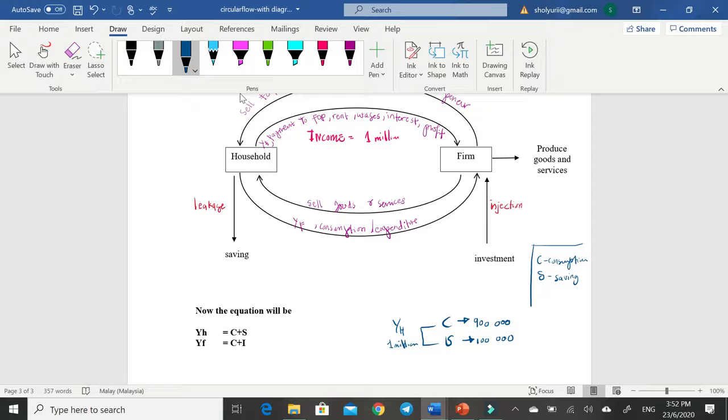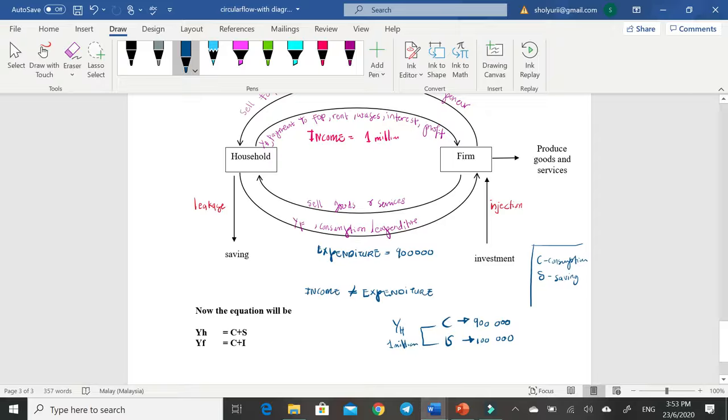So sekarang consumption kat sini, ataupun expenditure, dah tak jadi 1 juta lah. Dia akan jadi 900,000. So income dah tak sama dengan expenditure dah. Tak boleh lah nak buktikan ada 3 equation.